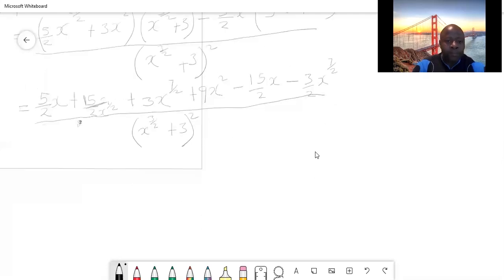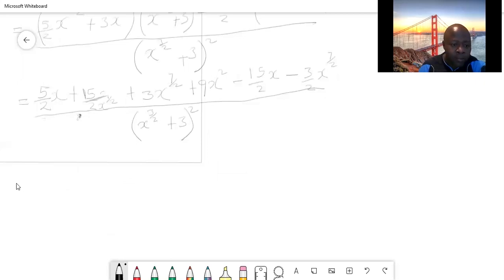So let's do a bit of simplification in our numerator. Bring the like terms together. This is 5 over 2 negative 15 over 2. It is 5, because negative 5 minus 15 would be negative 10. So what we're talking about is negative 5x.